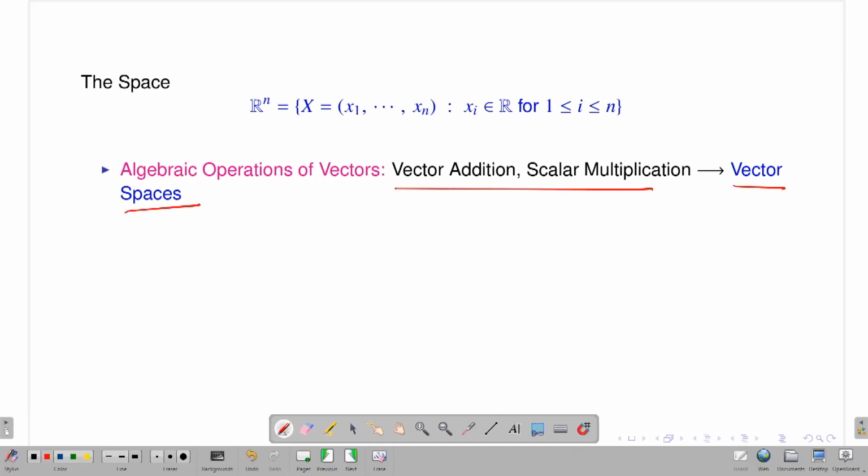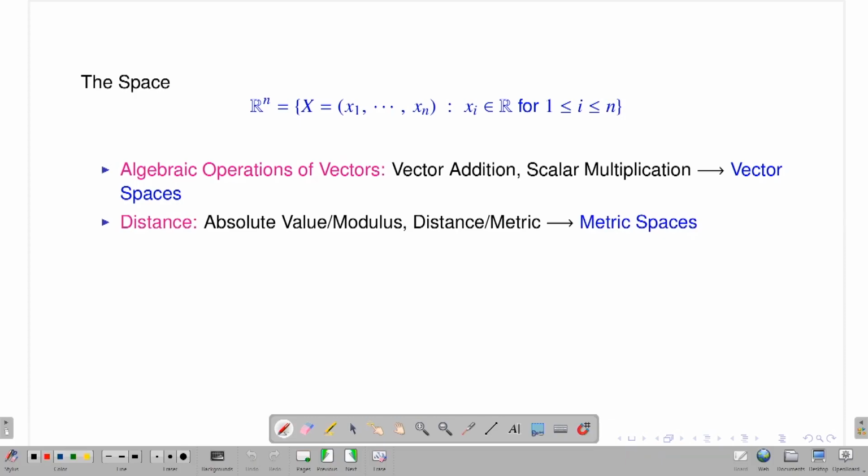The next thing is the absolute value or modulus of a vector, which we have seen. That concept is basically the distance from the origin to that point. Instead of the distance from the origin to that point, we can have the distance between two points.